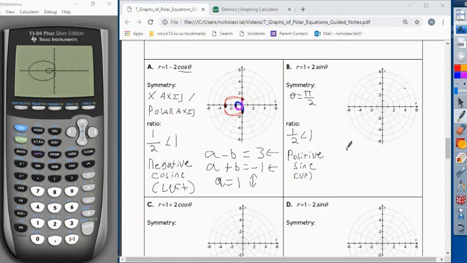A minus B is going to be equal to -1. Normally that would be facing down, but now you're facing up. A plus B is going to be 3, so you're moving 3 up, and then A is equal to 1. So we're going to move up 1, up 3, and then left, right, 1.